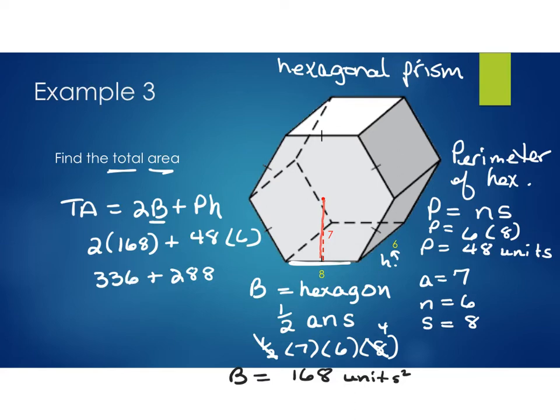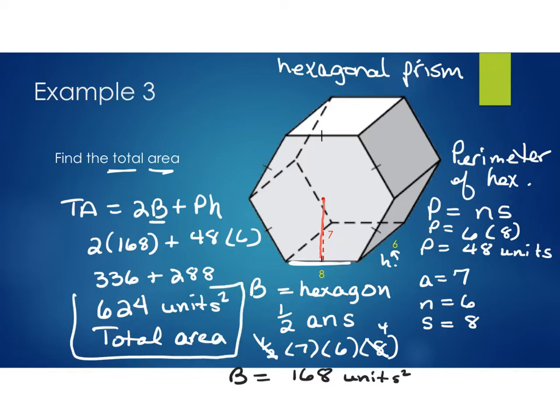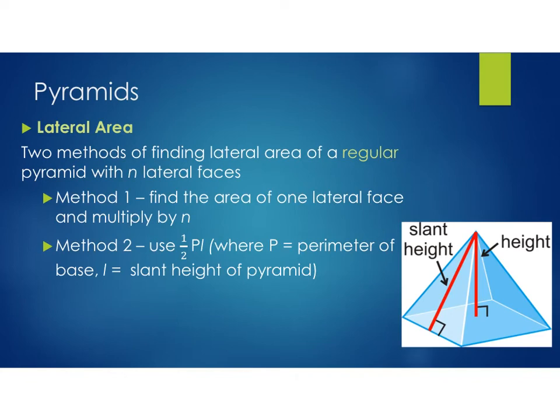I'm going to add the two numbers, and I get 624 units squared. And this is the total area of my hexagonal prism. Next, we'll work with some pyramid examples.